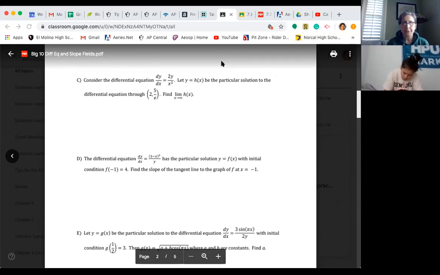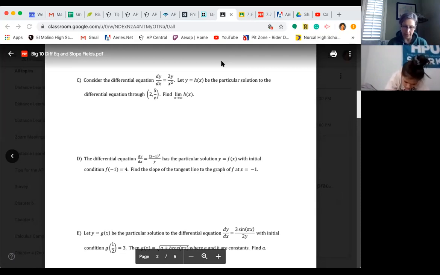Okay, when I separate the variables, what do you do? I did 1 over 2y times dy equals 1 over x squared times dx. Okay, so I would leave the 2 on the other side. I wouldn't bring the 2 with the y. It doesn't really matter. It just tends to make things a little bit easier.